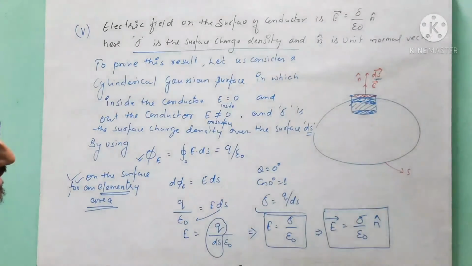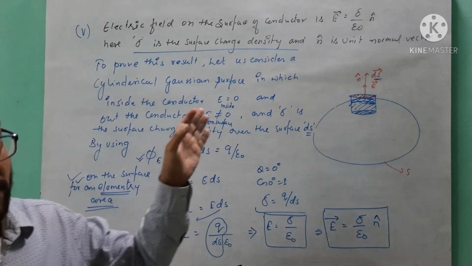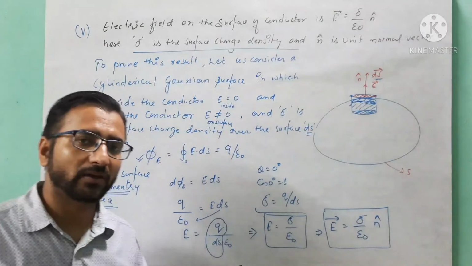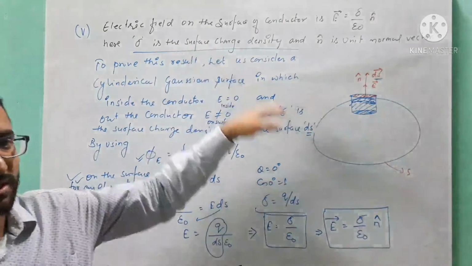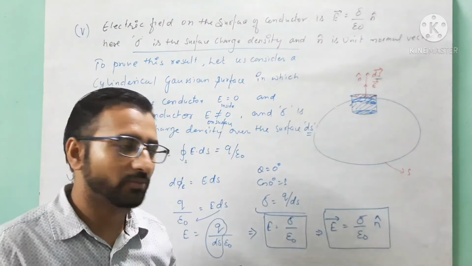So this is the result of our fifth statement, in which I have proved that the electric field on the surface of a conductor is E vector equal to sigma over epsilon naught times n cap. Got it? Where sigma denotes the surface charge density and n cap is the unit normal vector.